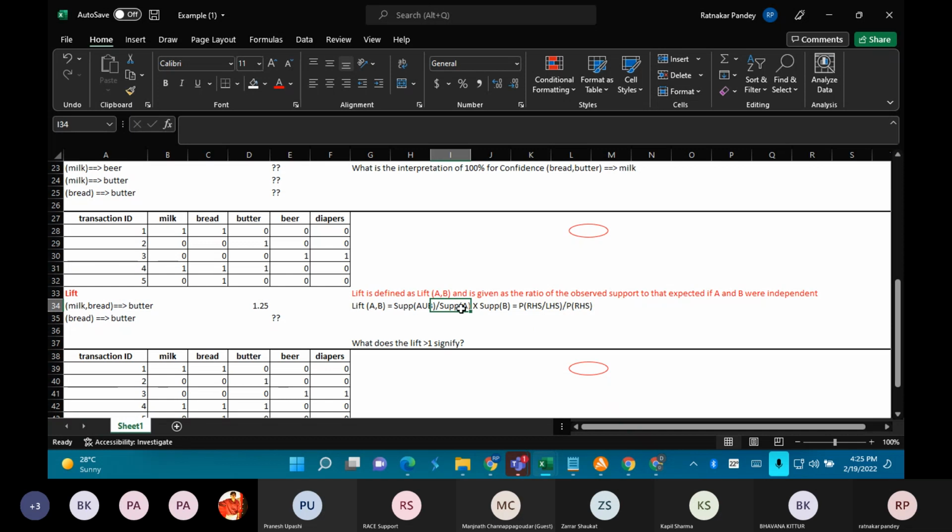Commonality of both the products, because the ratio of both, the union of both, is divided by the multiplication of the individual products. So, for example, we are taking the example of two products.